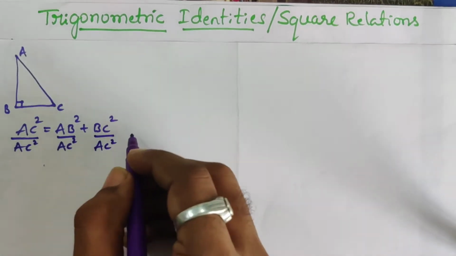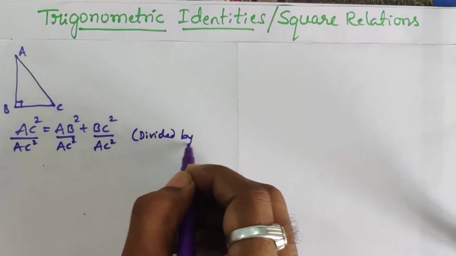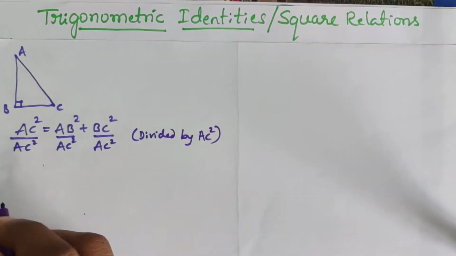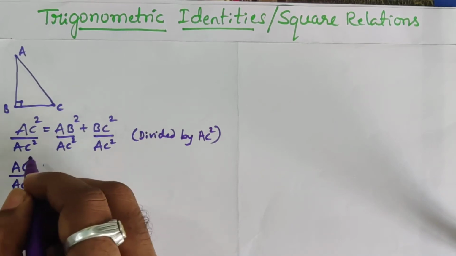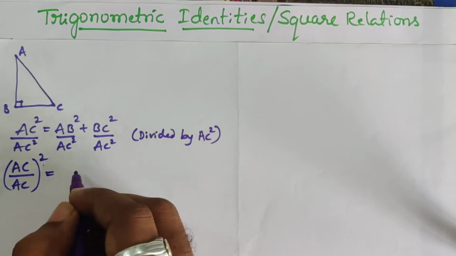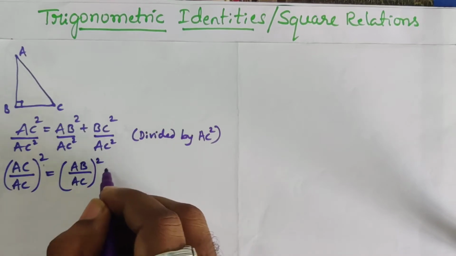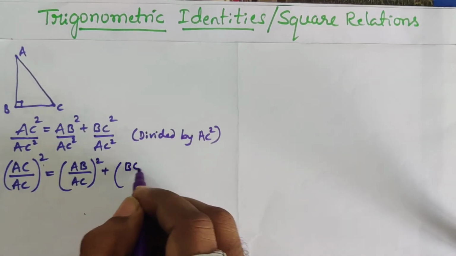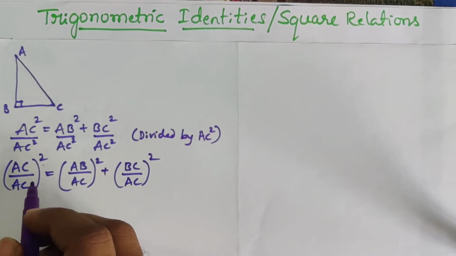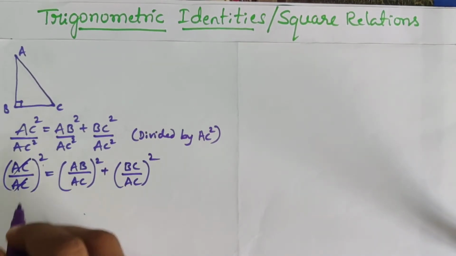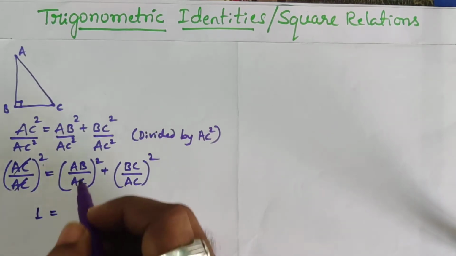So now I can write it as AC by AC whole square, AB by AC whole square, and BC by AC whole square. Now on the left-hand side AC cancels, it will be 1 square, which means only 1 is remaining.